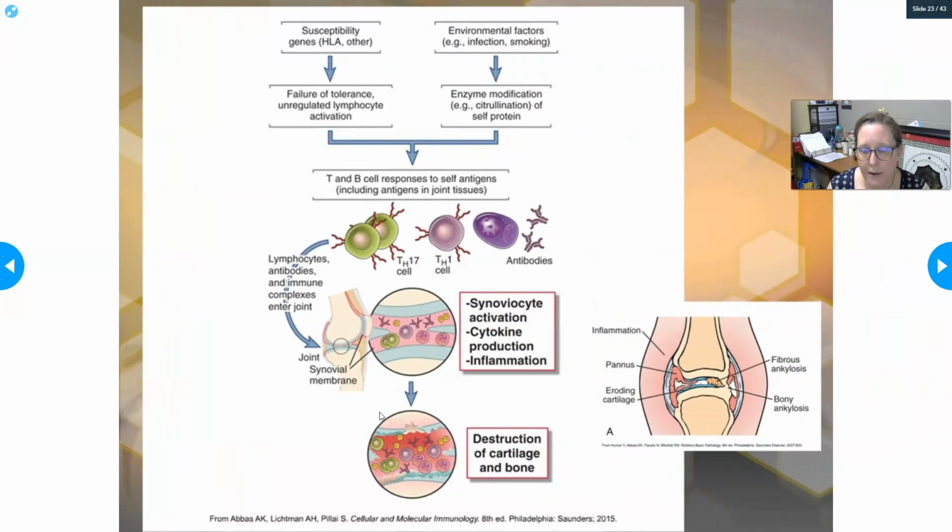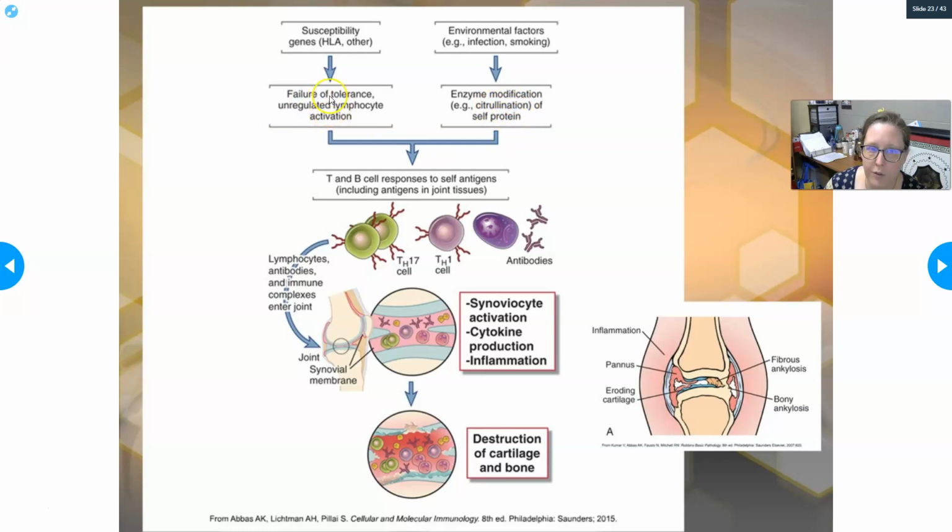So again, the susceptibility, so genes, so HLA genes combined with environmental factors such as certain infections, smoking, etc. You have enzyme modification because of the environmental factors, so you can have citrullination of that self-protein.